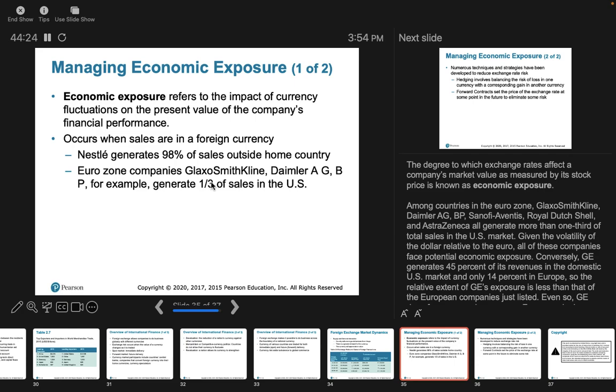Like for example, Nestle generates 98% of sales outside its own country, and Eurozone companies like GlaxoSmithKline and the others also generate a lot from their branches outside their home countries.